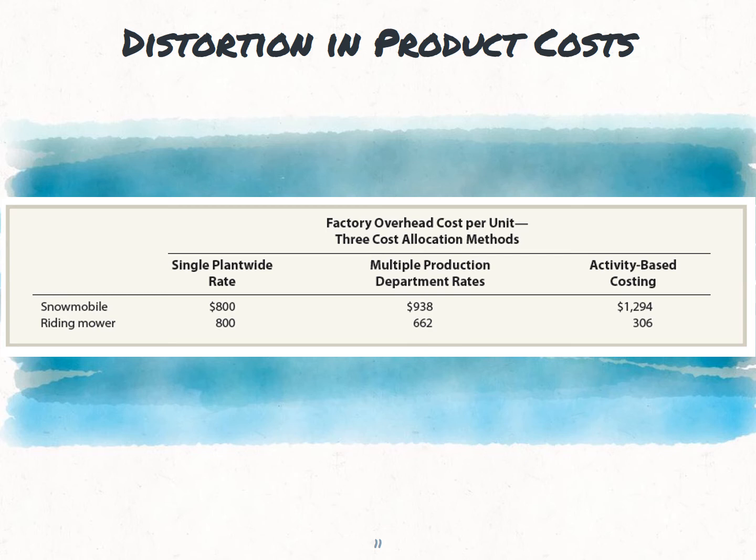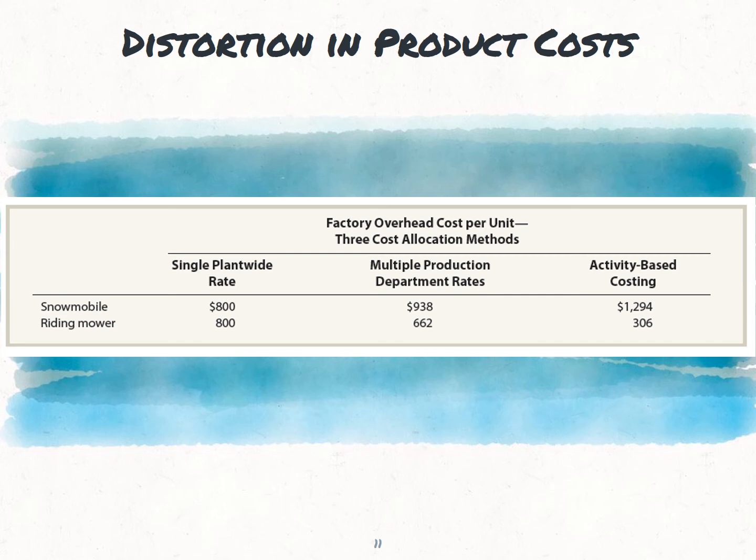That is, each snowmobile consumed a larger portion of the setup, quality control inspection, and engineering change activities. As a result, activity-based costing allocated more of the cost of these activities to the snowmobile. Only under the activity-based approach were these differences reflected in the factory overhead cost allocation and thus in the product cost.